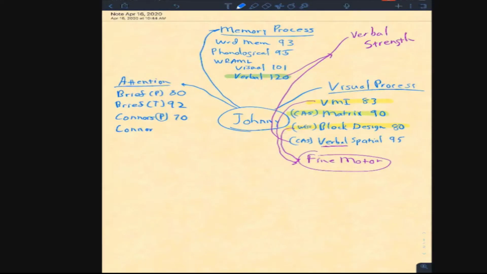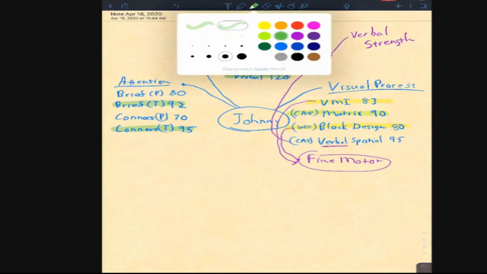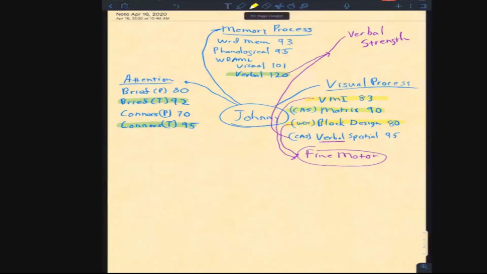So you are looking at standard scores here. 95. So we've got some really good attention scores at school and significant difference at home.